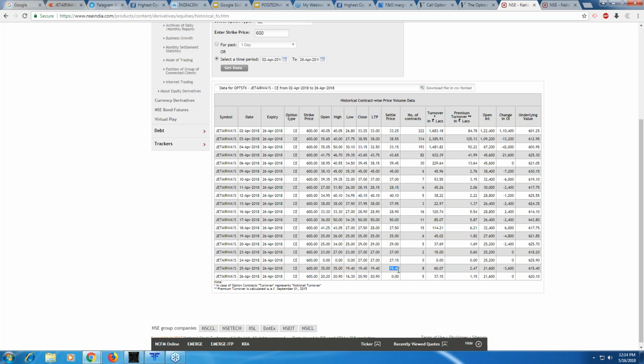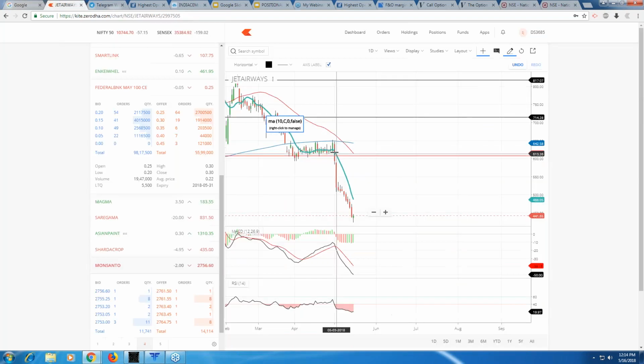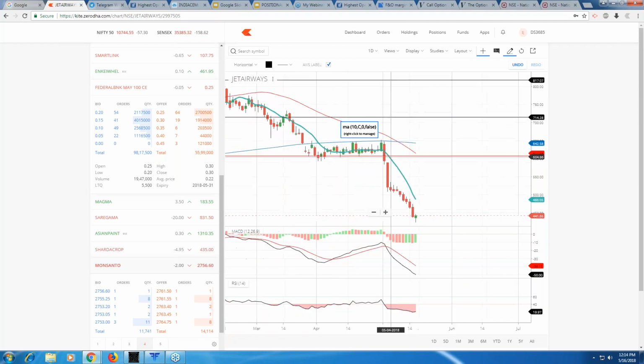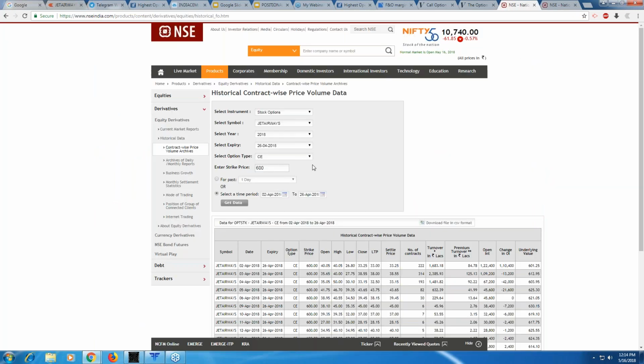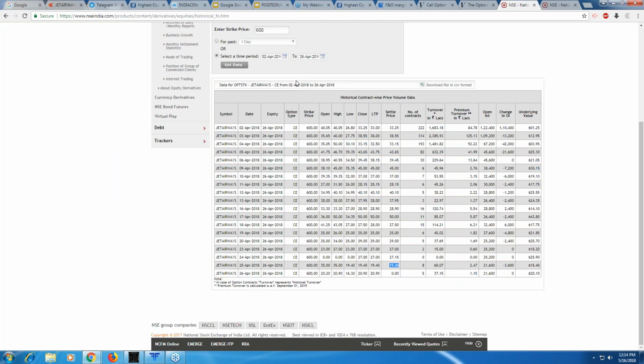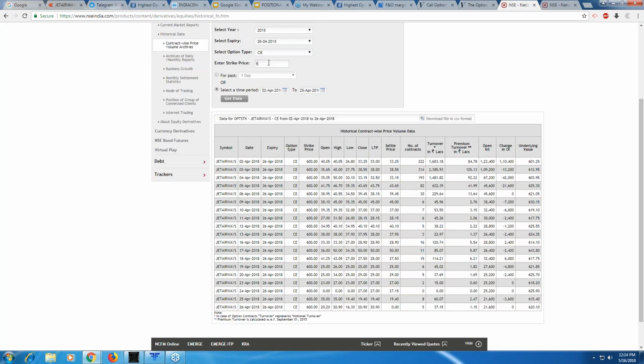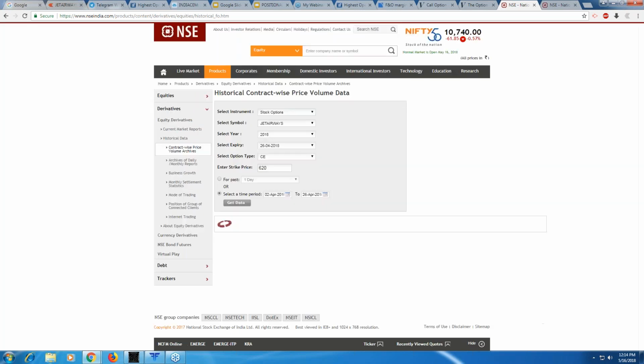Why? Because where did Jet Airways close? In the last month, the last trading day, which was 25th, it was roughly about 620. So 600 was our strike price, plus whatever it closed above 600, that was the premium one will receive. But let me take up a strike price of 620. Then let's see what's happening to the data.